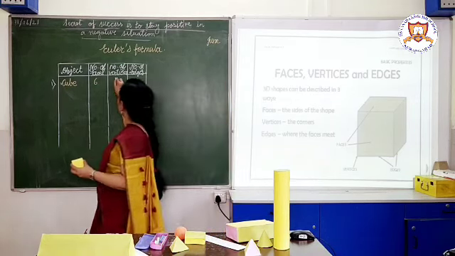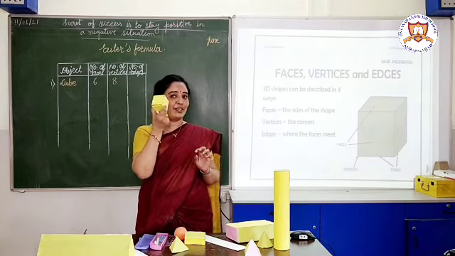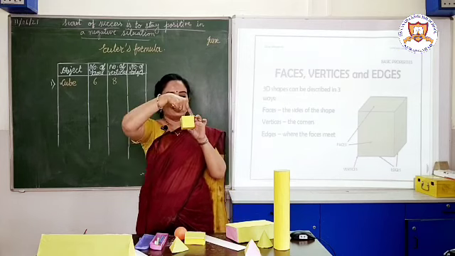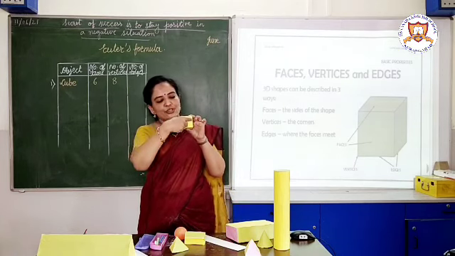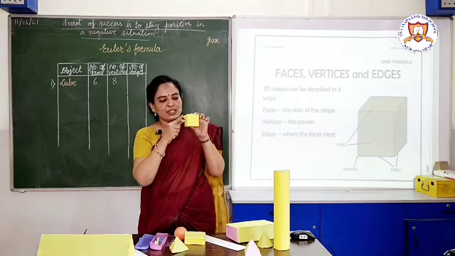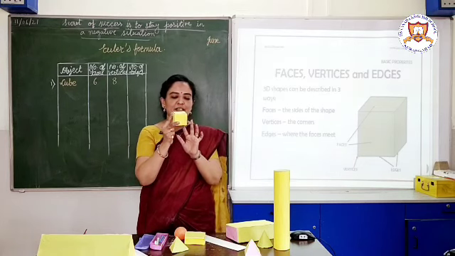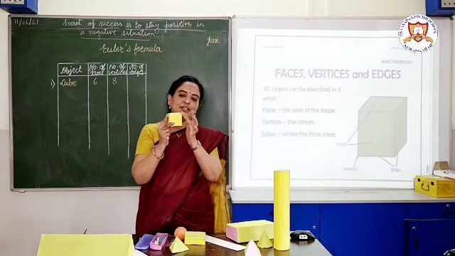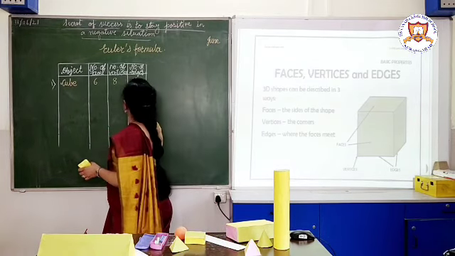So there are how many vertices? 8. Now count edges with me, everyone. First we will count for this. 1, 2, 3, 4, 5, 6, 7, 8, 9, 10, 11, 12. So how many edges are there? 12.